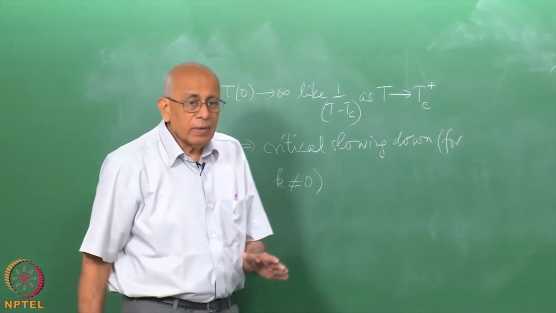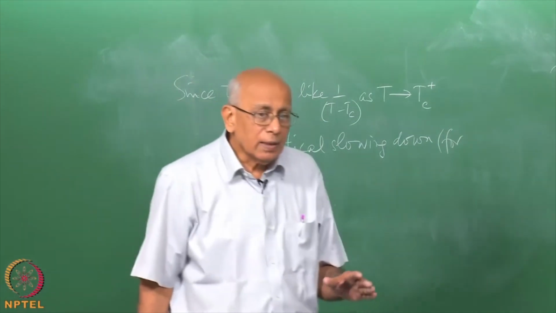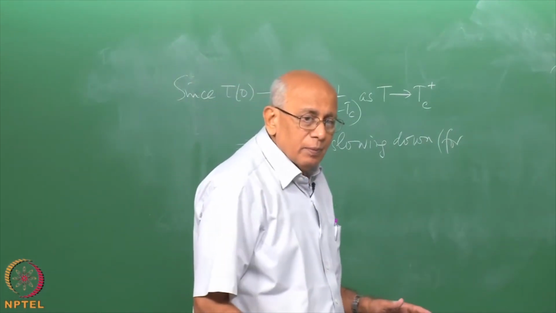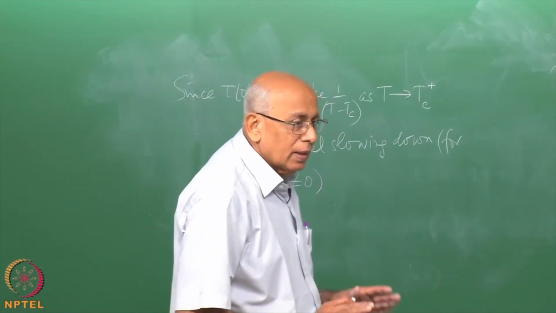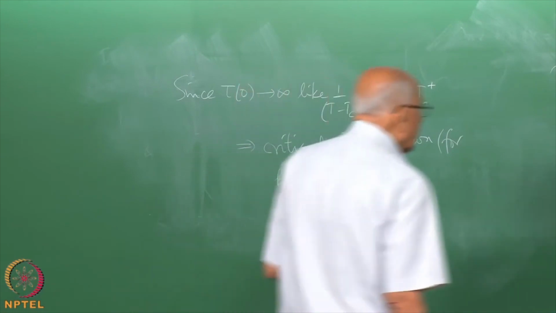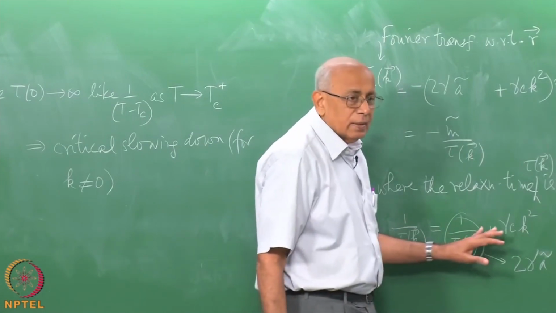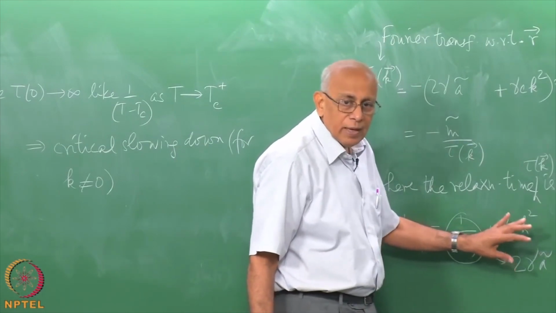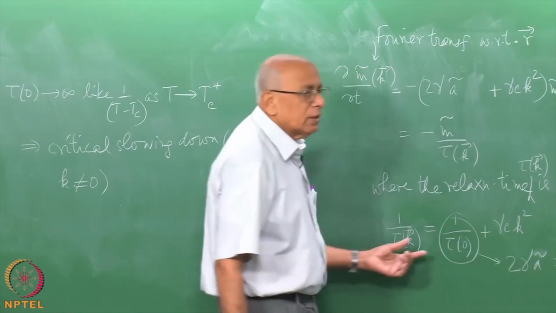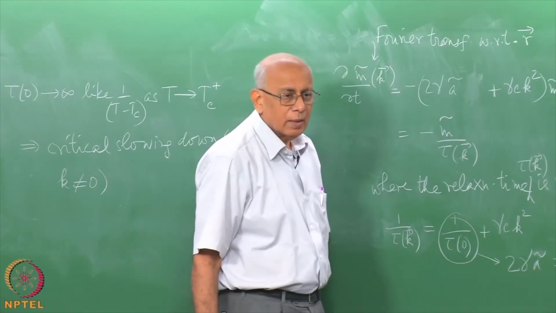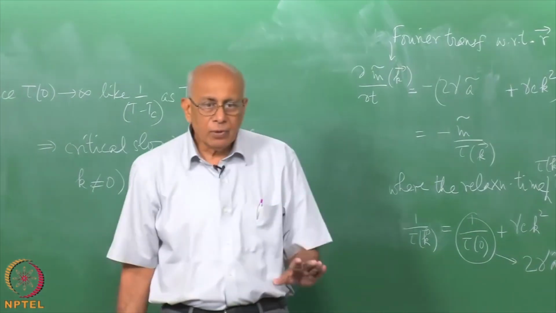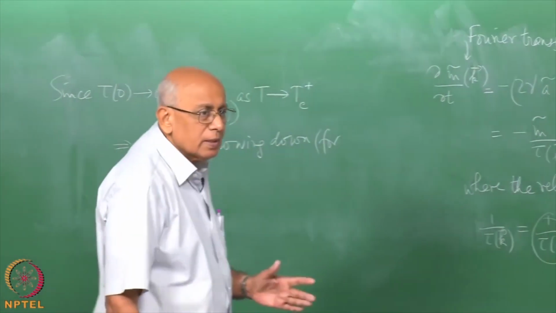So finite wavelength fluctuations even at the critical point will be okay, they will relax with a finite time, 1 over tau k goes like k squared, okay. But if k is 0, then you have a divergence of the relaxation time, but the finite ones do not do that, which is reasonable.